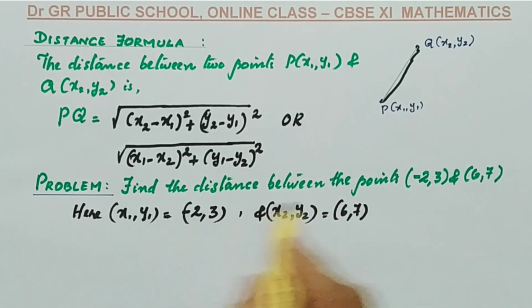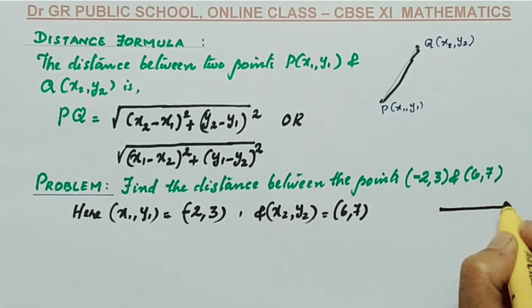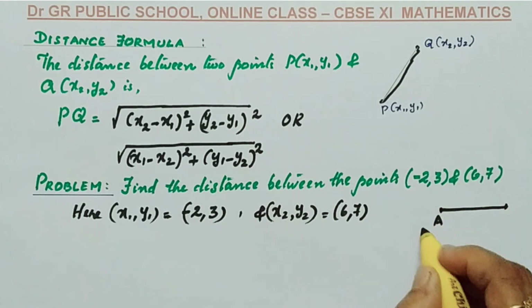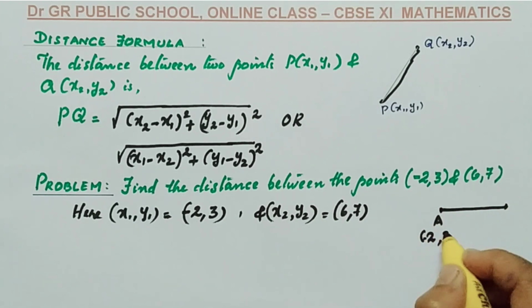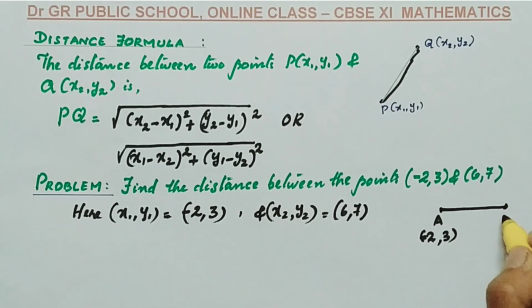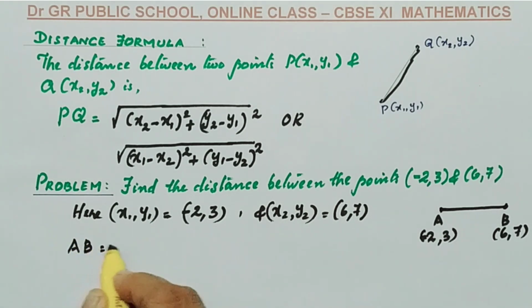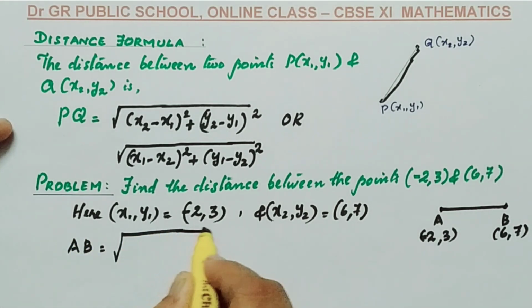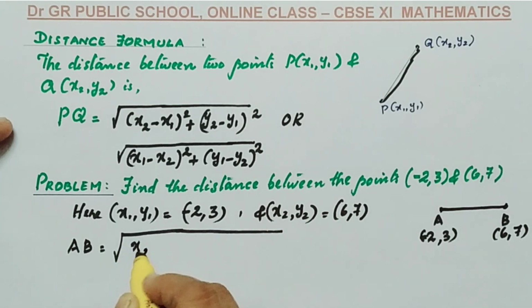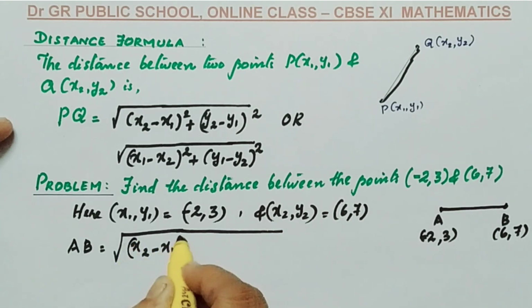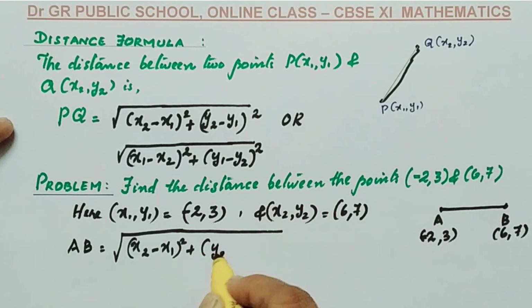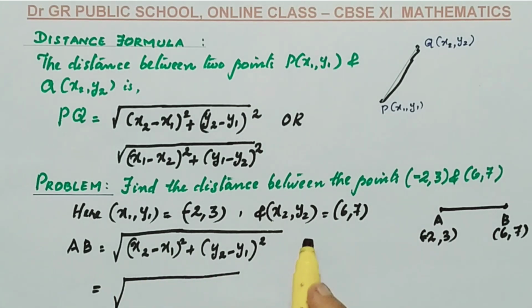Let A be the point (minus 2, 3) and B be the point (6, 7). You are asked to find the distance AB. Distance AB equals square root of, at first you need to write the formula, (x2 minus x1) the whole square plus (y2 minus y1) the whole square.